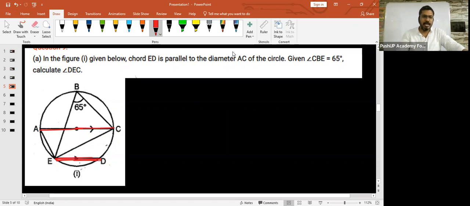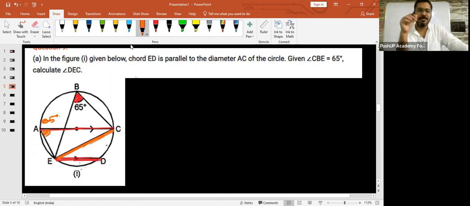They have given you this angle EBC equal to 65 degrees. Children, if angle EBC is equal to 65 degree, you must have asked this question to yourself. What is angle EBC? It is the angle subtended by chord EC on the circumference of the circle. So can't I say angle EAC is also equal to 65 degrees?